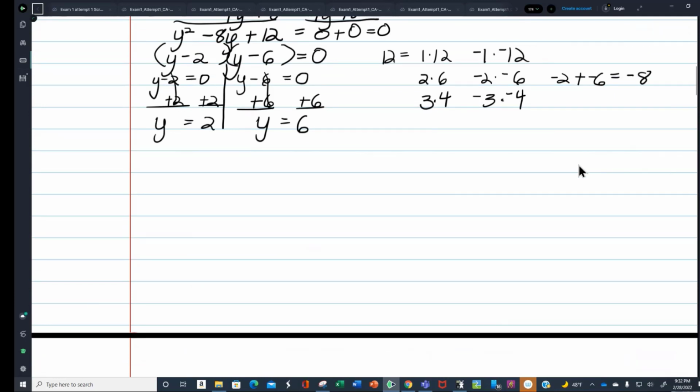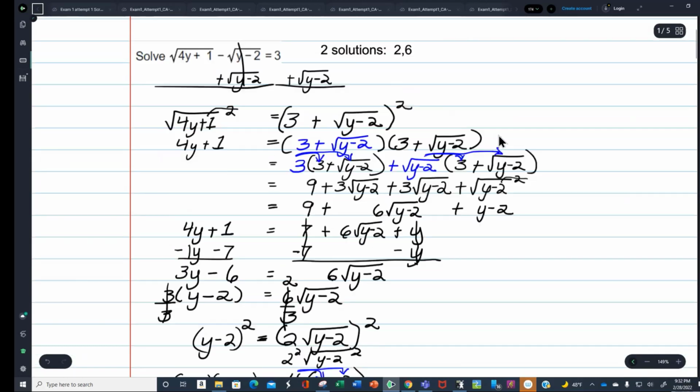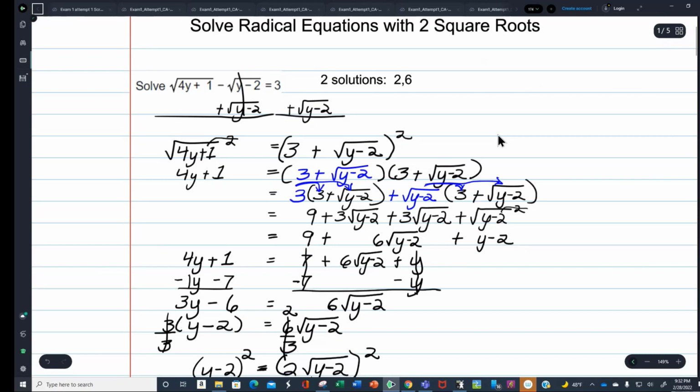But let's finish this out and pretend we don't know. So we'll check out y equals 2, and we'll check out y equals 6, and we'll look at the original equation. Let's do this.